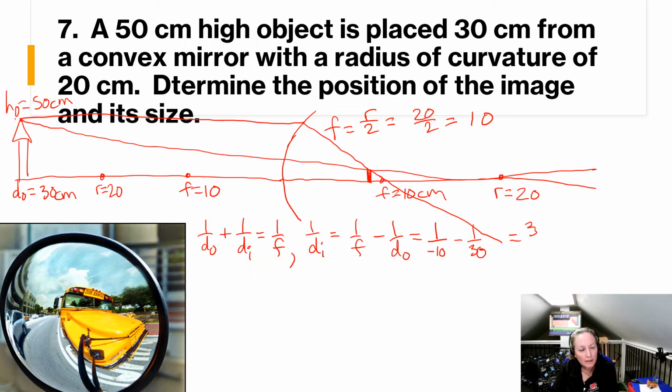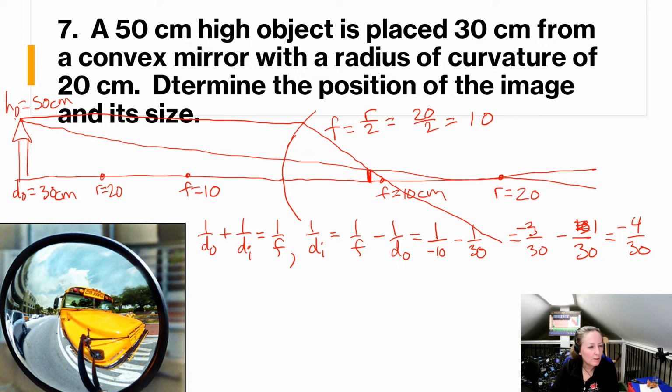So you can get negative 3 over 30 minus 1 over 30. Oh, I messed up there. Did you see what I did? I multiplied where I shouldn't have. So that should be 1. You have negative 3 over 30 minus 1 over 30. We're going to have negative 4 over 30.